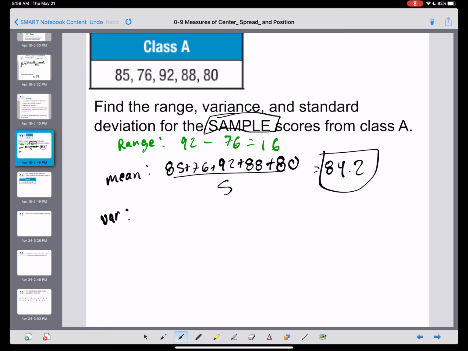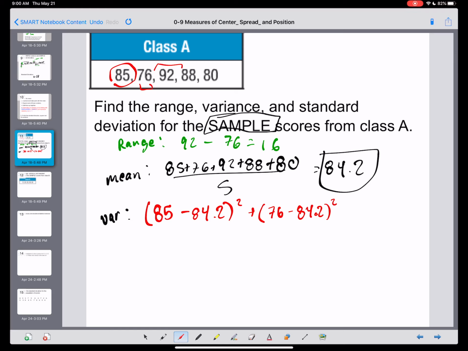So the variance is pretty simple. You take your first number. The numbers don't have to be in order, but if you want them to be, you could. Take your first number, which is 85, minus the mean, which is 84.2. You square it. Then plus the second number, 76 minus 84.2, and square it.